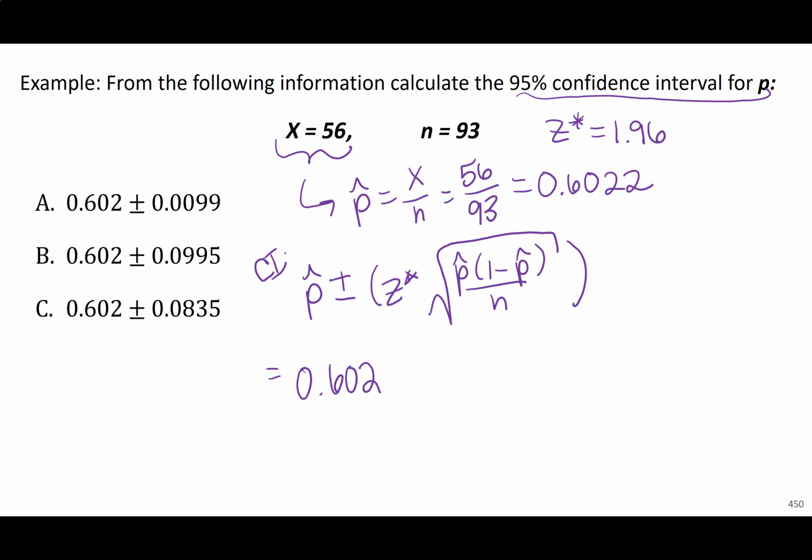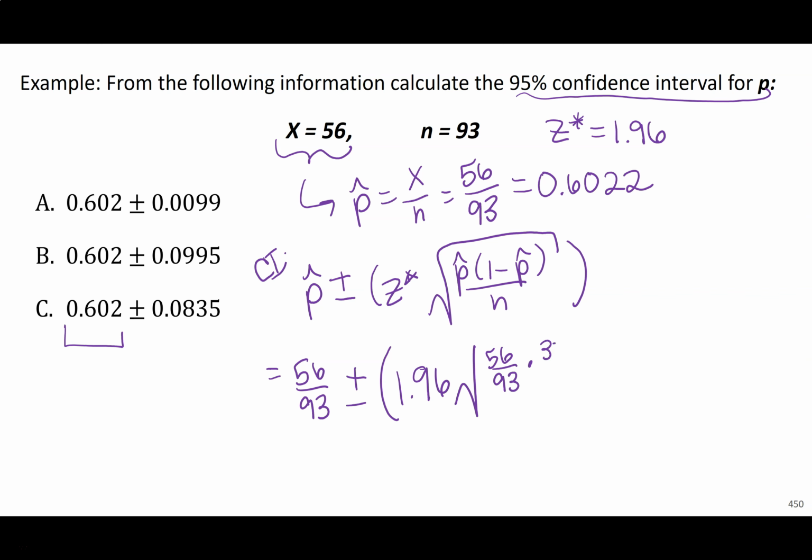0.60. Looks like we rounded to 3 places for some reason. I don't know. I'm going to leave it at exact 56/93 plus or minus 1.96 times the square root of 56/93 times 37/93, divided by 93.